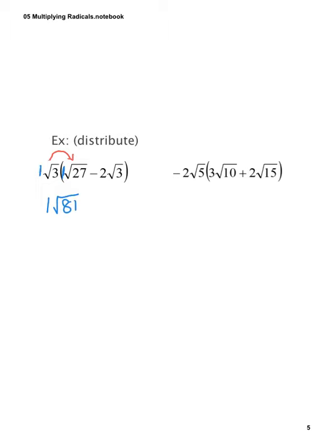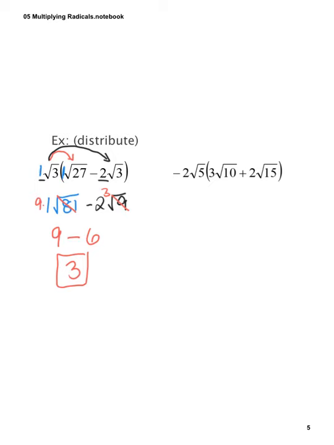When I go to the second term, because I'm distributing, 1 times negative 2 is negative 2. 3 times 3 is 9. Now I look to simplify. The square root of 81 is 9, so this becomes 9. The square root of 9 is 3, so that becomes 6. 9 minus 6 is 3.